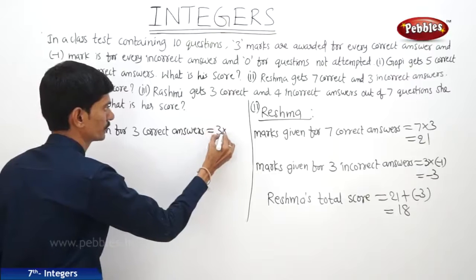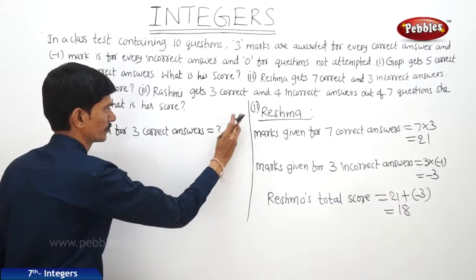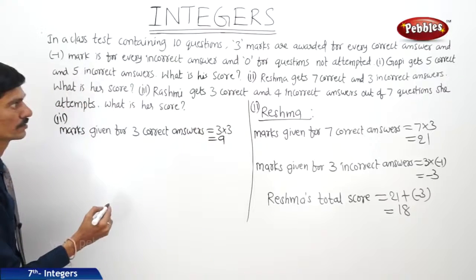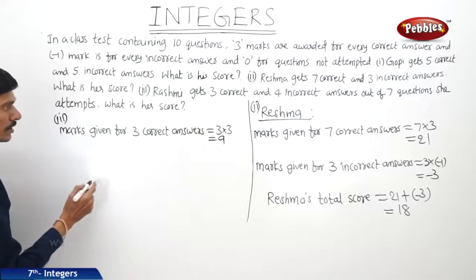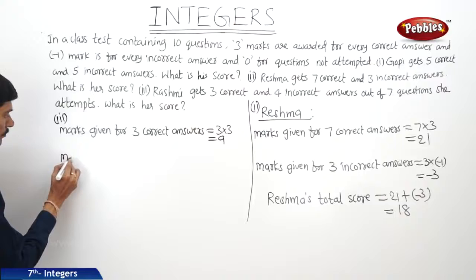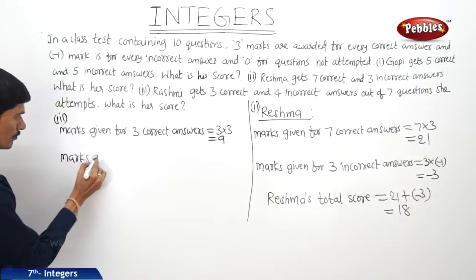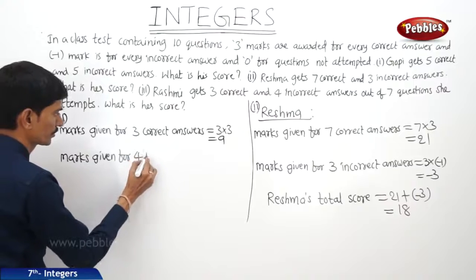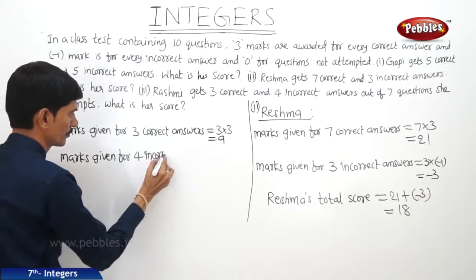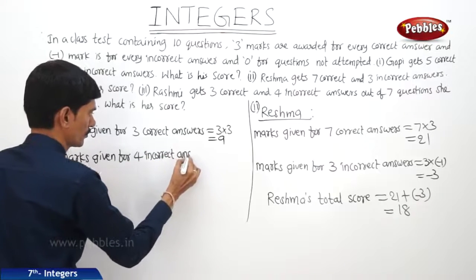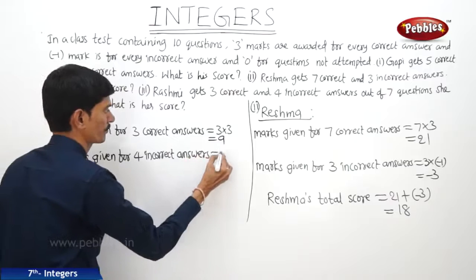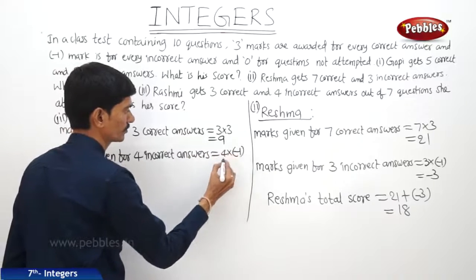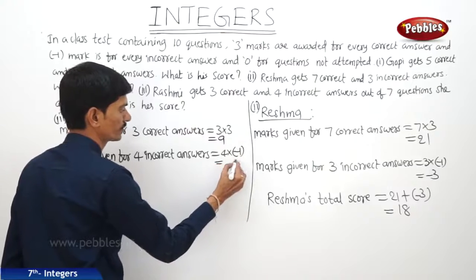Equals 3 into 3 equals 9. And 4 incorrect answers. So marks given for incorrect answers equals 4 into minus 1 equals minus 4.